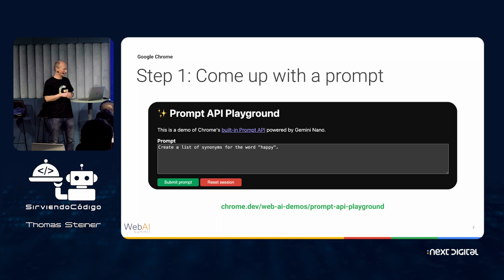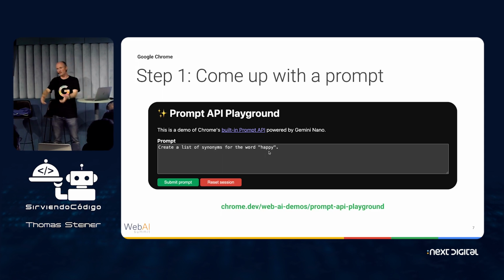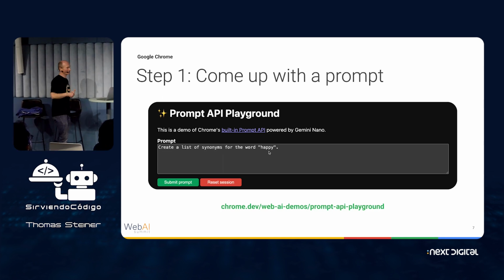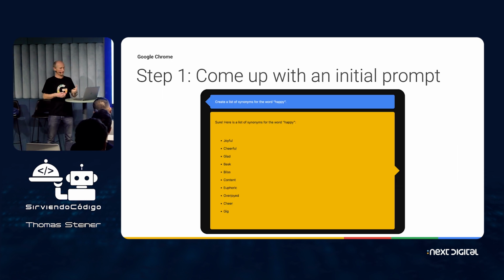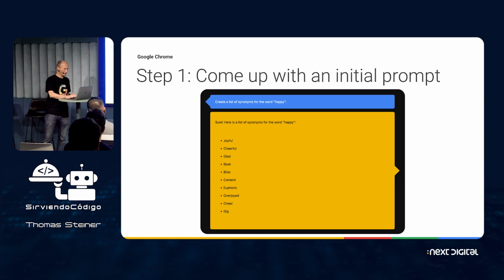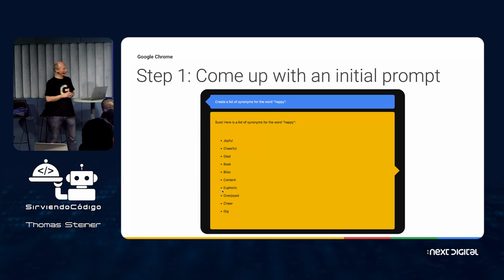So I just start with this prompt: create a list of synonyms for the word happy. Later on, I would make this more dynamic, but for now I can just use this and try it. And if I do, the model responds with a list of synonyms. You can see here: sure, here's a list of synonyms for the word happy. And then a number of words: joyful, cheerful, glad, and so on.